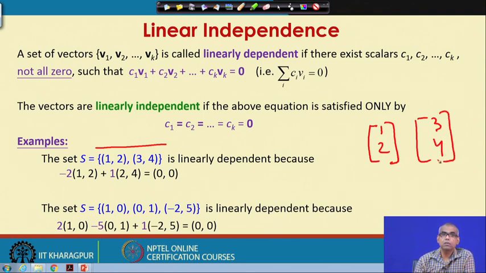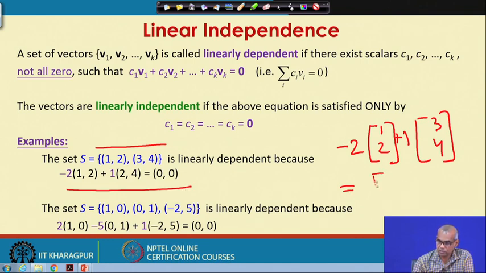The question is, are these vectors linearly dependent or independent? They are linearly dependent because if I consider C1 as minus 2 and C2 as 1 and take the sum C1 V1 plus C2 V2, I get 0.